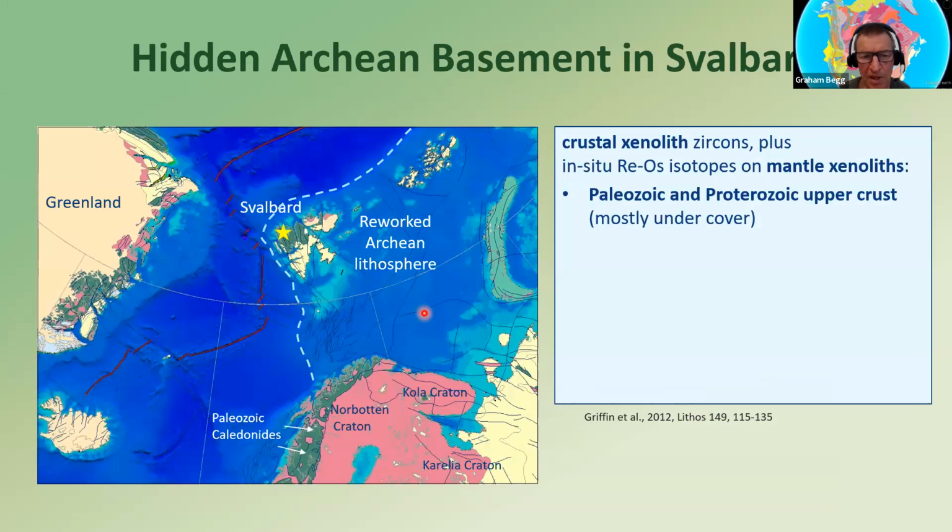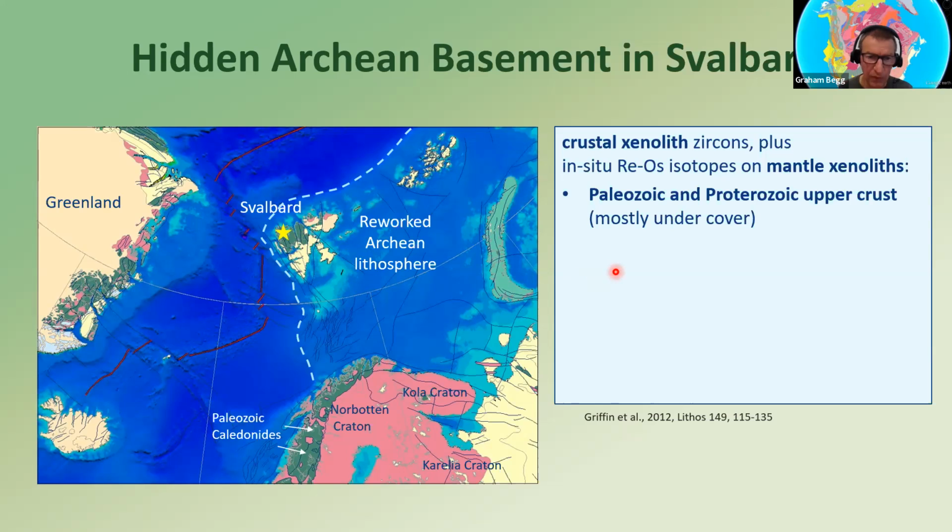Another example, if we went to the Northern Atlantic and looked at the Arctic shelf, this is the island of Svalbard, and on Svalbard there are some Proterozoic rocks in pink, and Paleozoic rocks in green, and then some young volcanics. Those volcanics are bringing up xenoliths of lower crust, as well as xenoliths of the continental mantle.